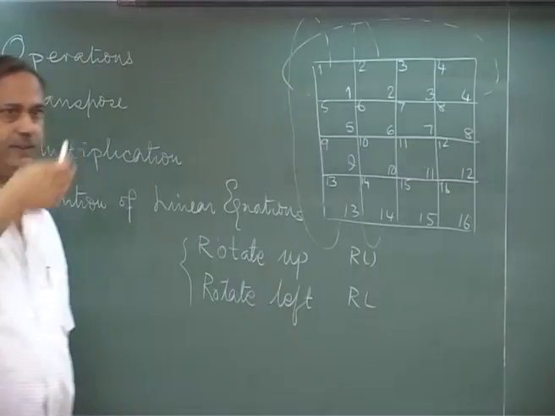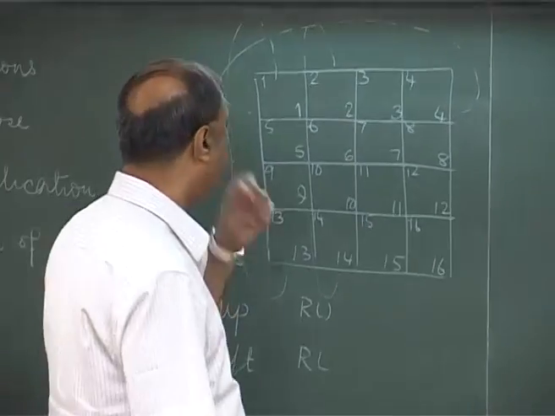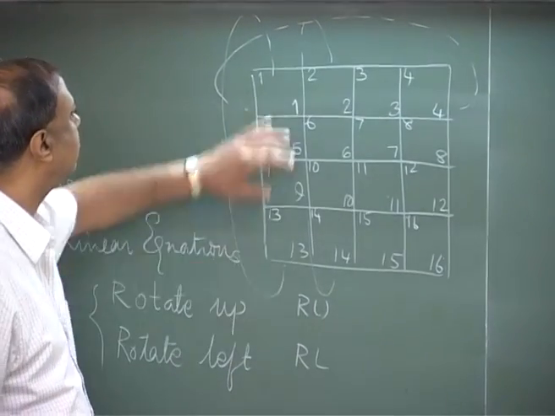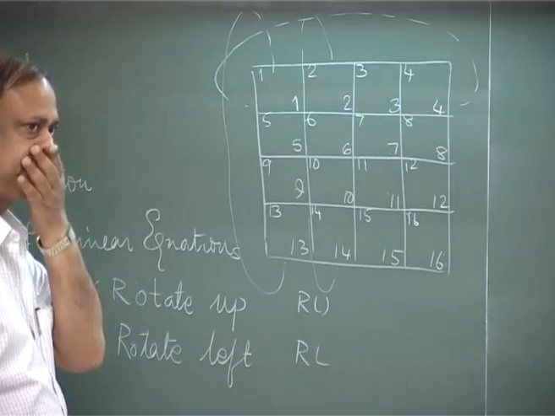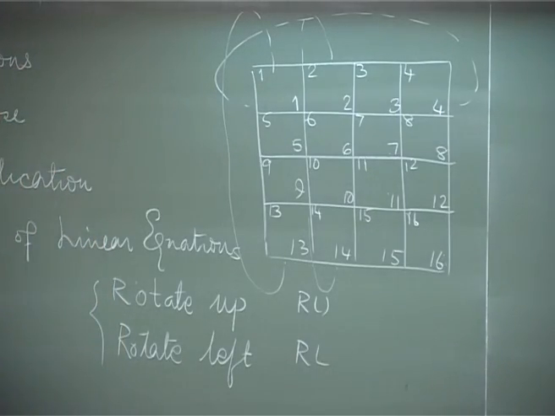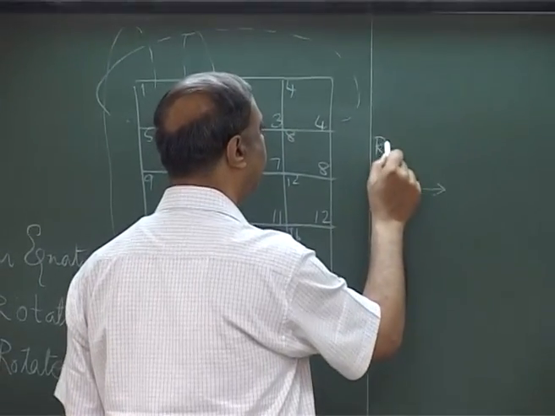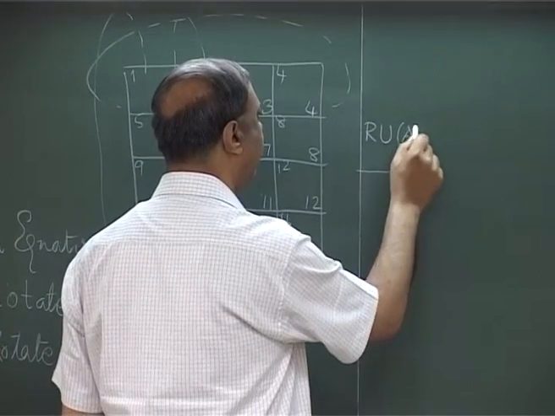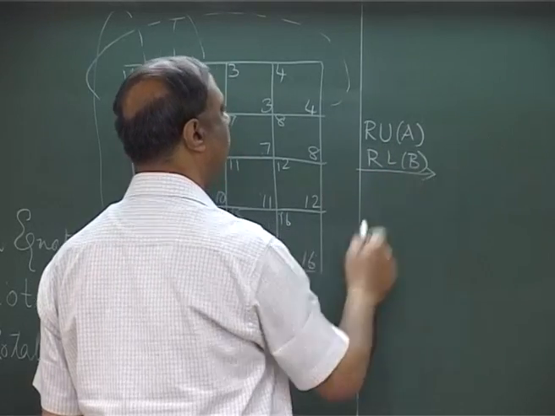Right? You remember the wrap around. So once I tell rotate up, this up means this element will come here. So if I perform rotate up A and rotate left B, what do I get?